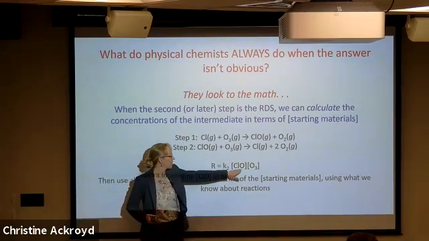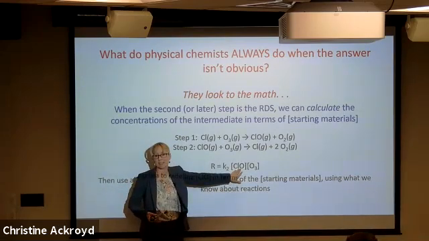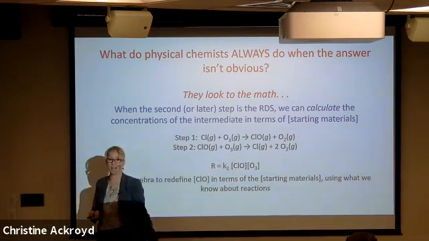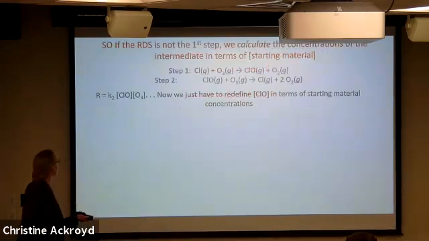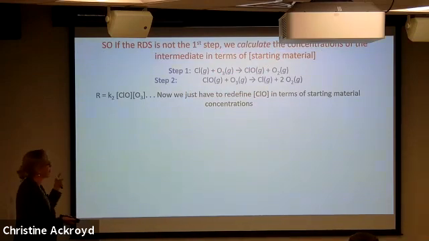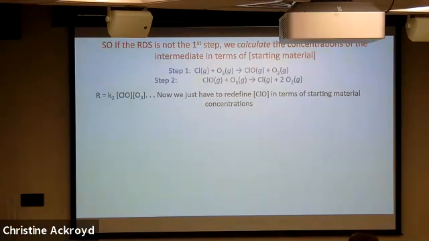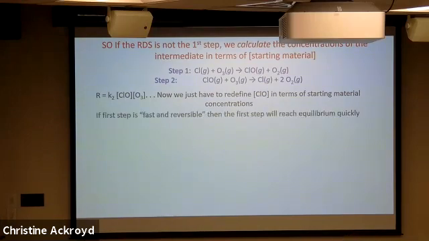And what we have to do is find a new way to algebraically define the intermediate concentration in terms of starting materials that we actually could start with. Okay. So if the first step is fast and the second step is slow, is it a decent bet to say, I bet the first step comes to equilibrium before the second step is really happening? We can say it.